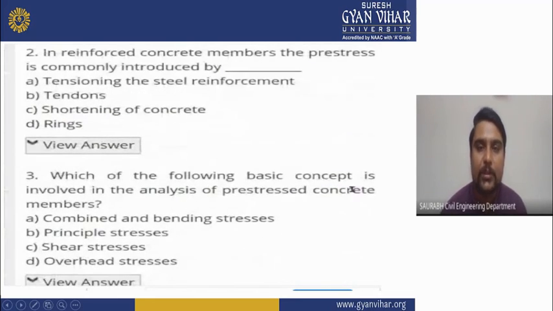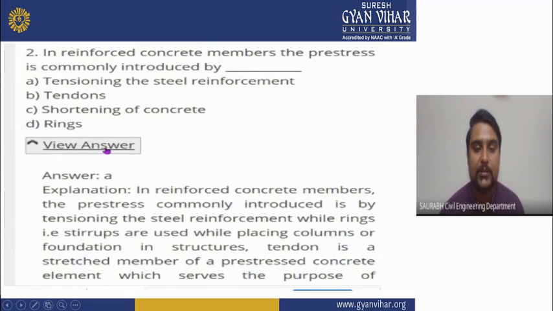In a reinforced concrete member, the pre-stress is commonly induced by, options given: tensioning of steel reinforcement tendons, shortening of concrete rings. Let's see what will be the right answer. Right answer will be A, tensioning of steel reinforcement.